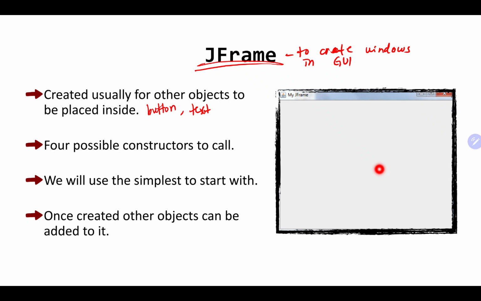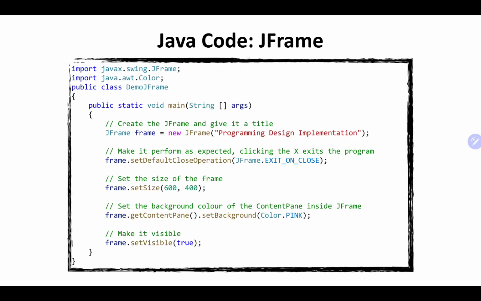Okay, we go through the example. So first of all, when we want to use JFrame, it is a class, right? So that means we need to declare it, just like when we use Scanner. And then we have the object name, and then we put here the title that we want to put inside our frame.